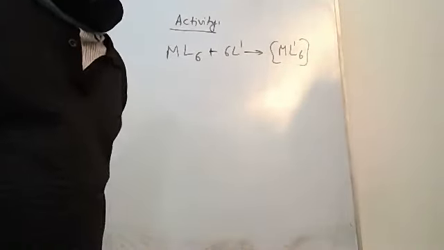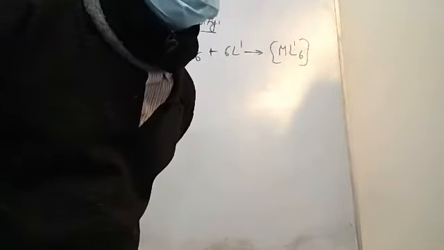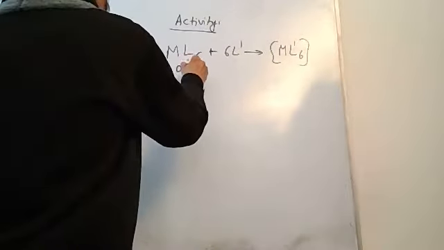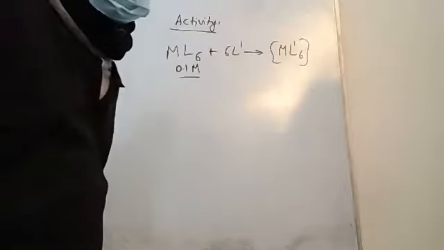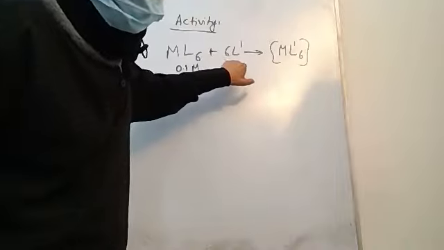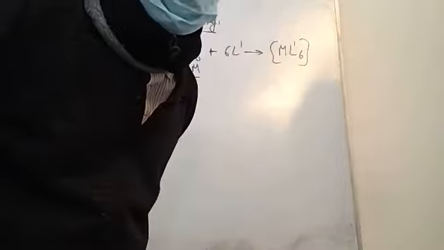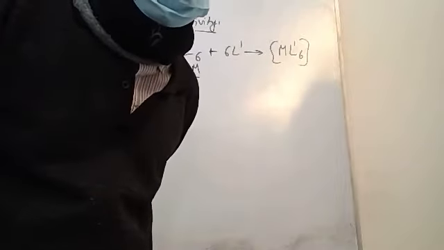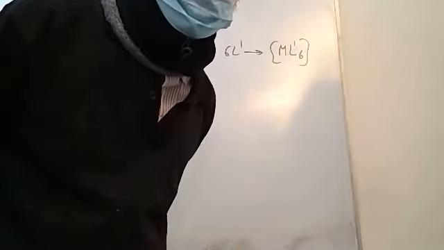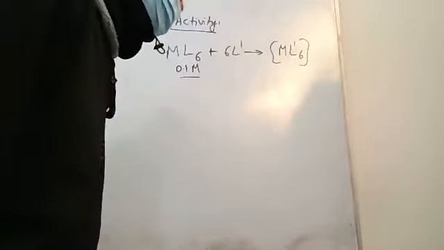When I use the word quickly, some of you may be wondering what exactly is quickness. So here is the definition. If I have a complex of 0.1 molar concentration, and if all its ligands can be exchanged with the new incoming ligands in less than a minute, so if this replacement is completed in less than a minute, then you say the complex is active, or we use the word labile.